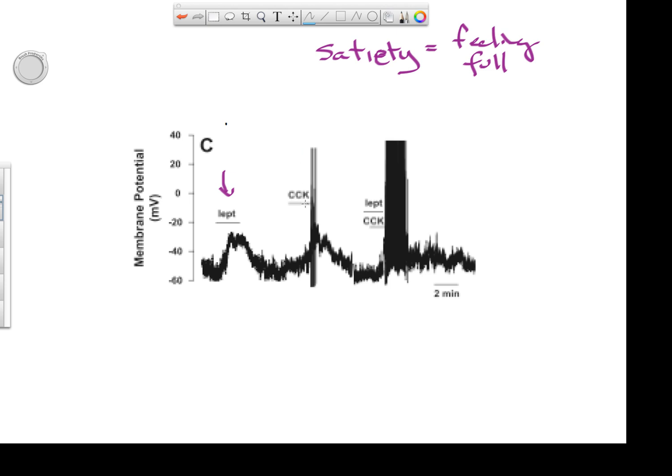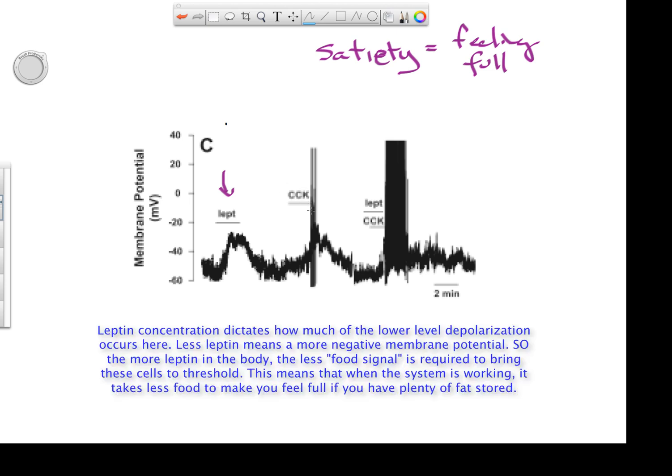Here is another hormone, CCK it's called. It's generated by the gut, by the intestines, when food is coming in. This is a signal, meaning food has arrived. Now, food arriving is a reasonable signal for feeling full. If you have enough of this signal, you ought to feel full.